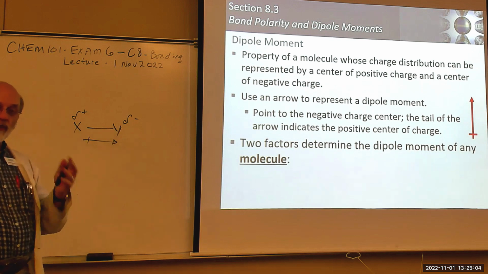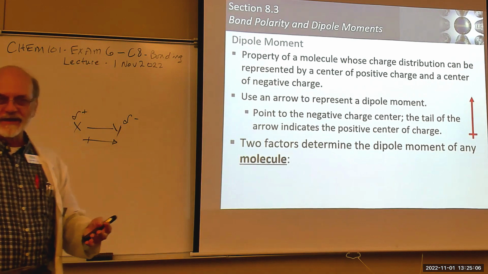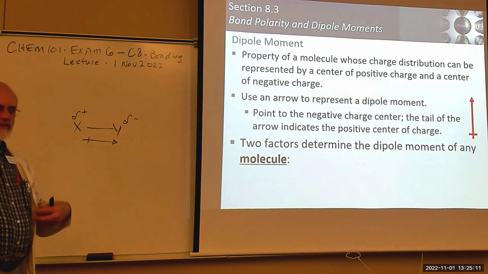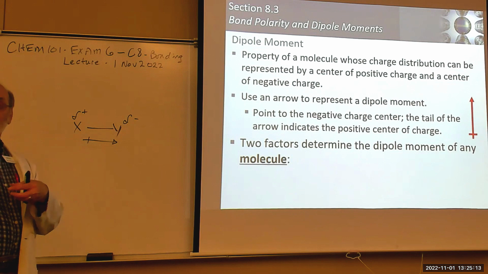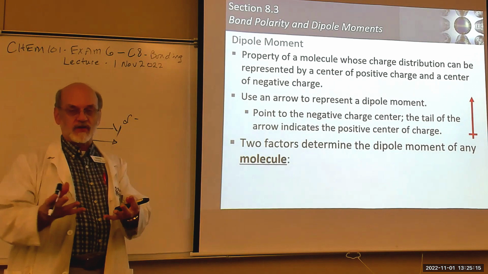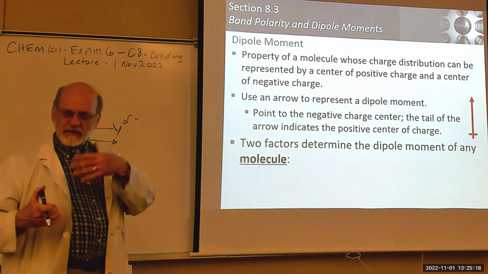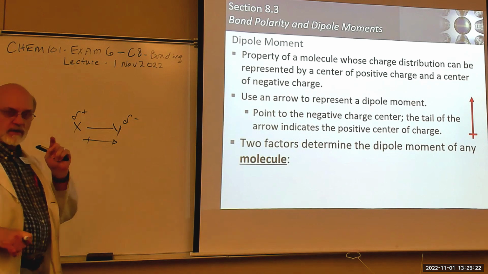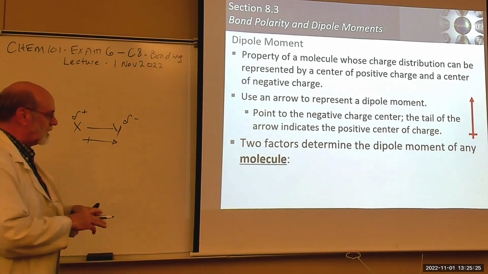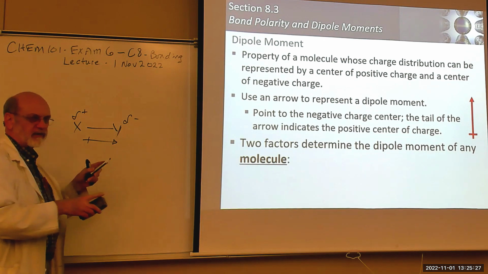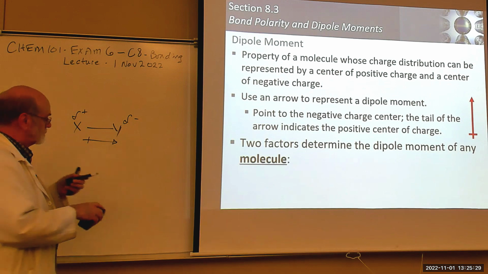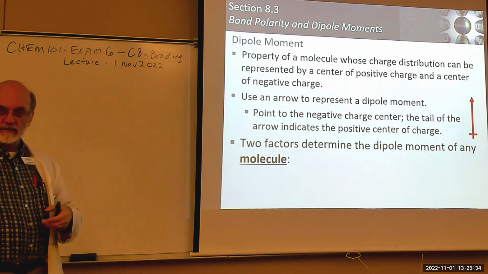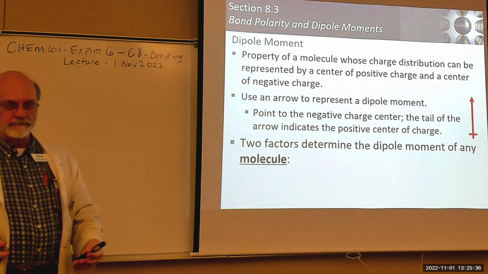What if you have 3, 4, 5, 6, or 100 atoms in your molecule? Can you generalize about the polarity of the entire molecule? To a certain extent we can, but we need to know two things. We need to know the dipole moments of all the bonds in the molecule, which ones are polar, since some bonds will be nonpolar.